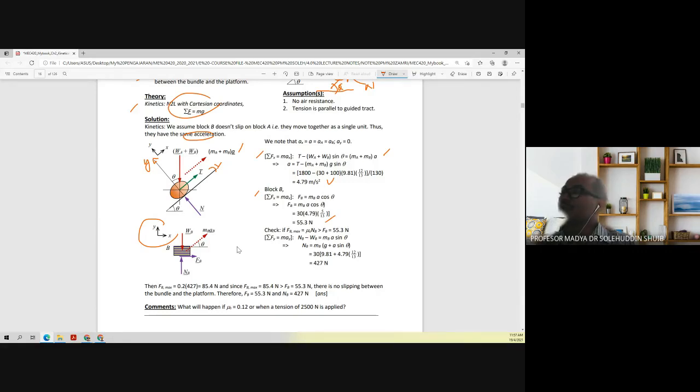You get the normal force N over here is 427. We have analyzed this kind of situation before. FB maximum is 85, and FB is 55. Therefore, there is no slipping between the bundle and the platform. So FB equals 55.3 and N equals 427.